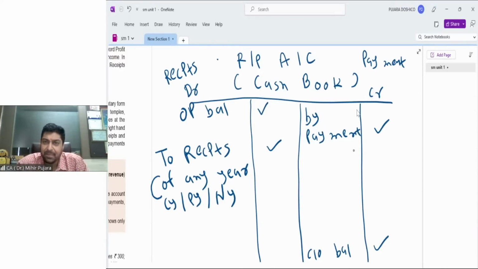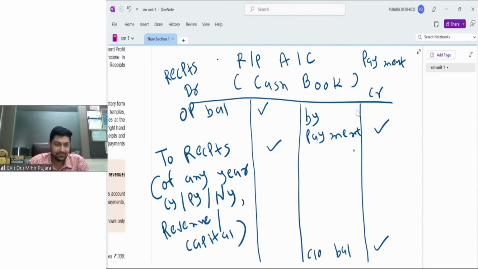As well as, either it is of revenue nature or it is of capital nature, everything we have to write.